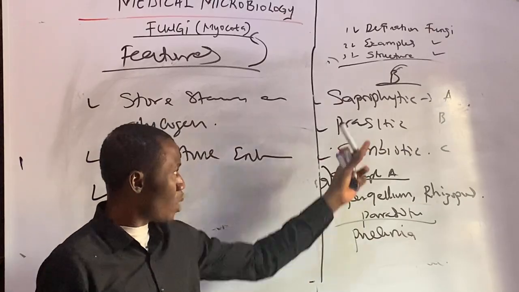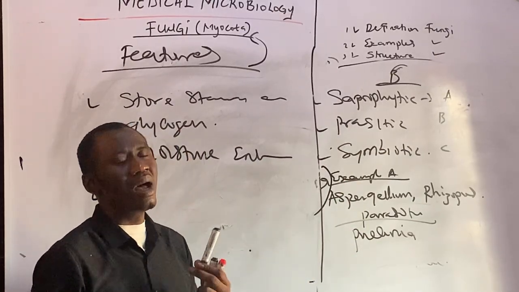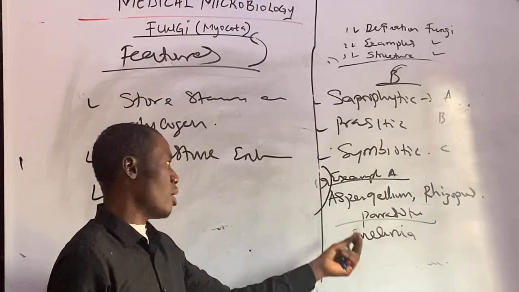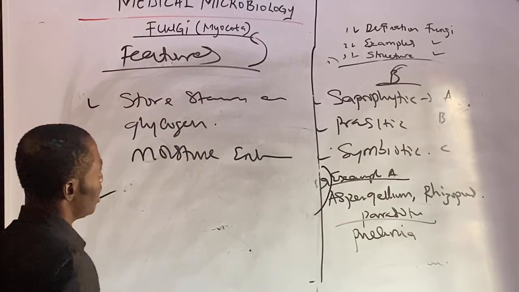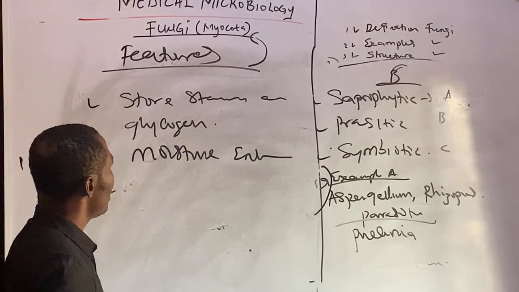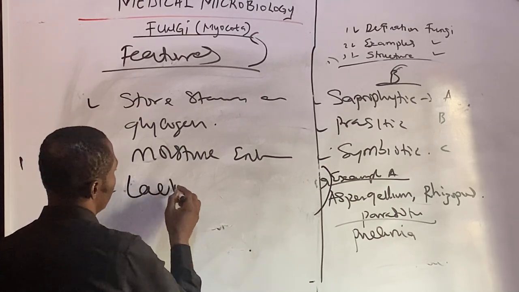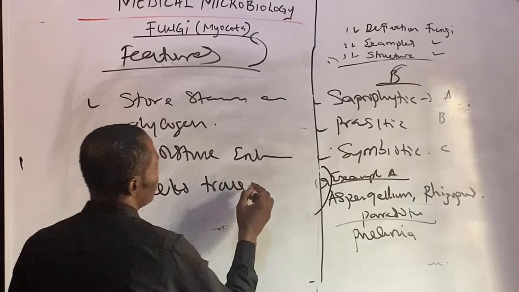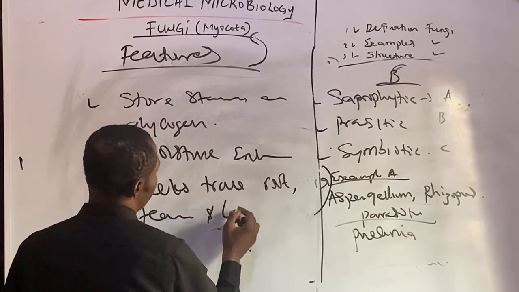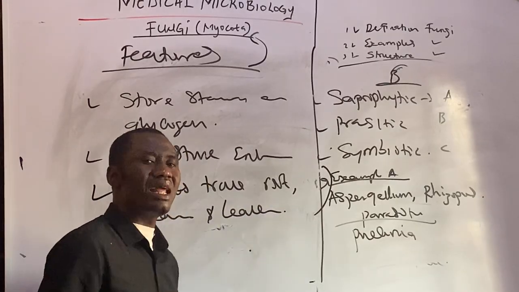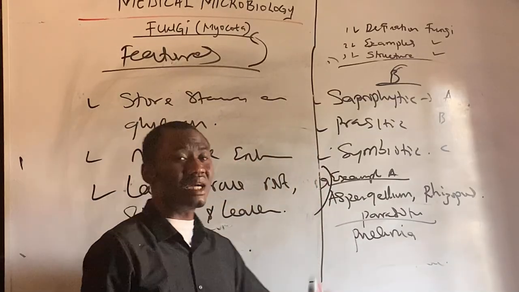That's the general characteristic, although we have talked about that now, saprophytic majorly or mainly, and some are parasitic, while some are also symbiotic. Fungi also lack true roots, stems, and leaves. So those are the general characteristics of fungi.